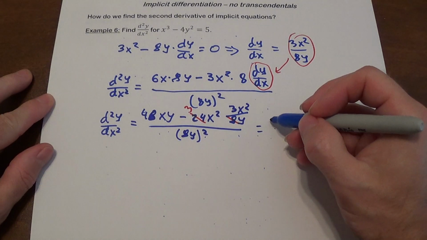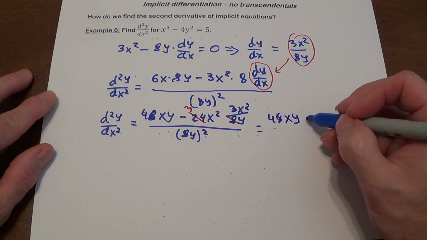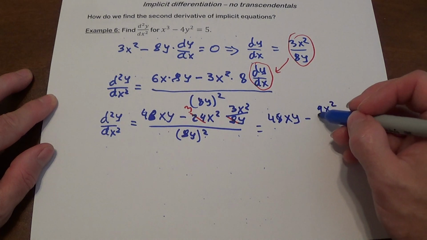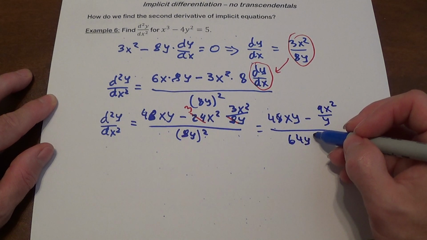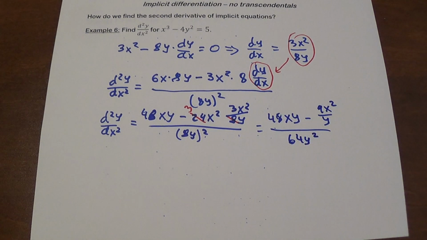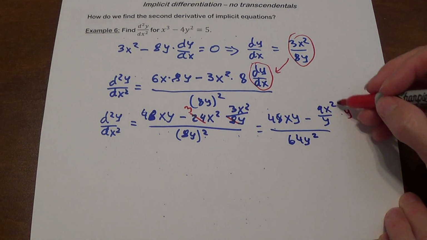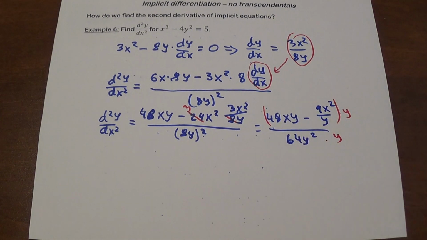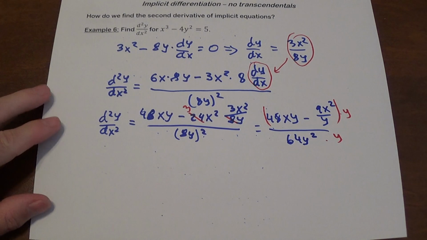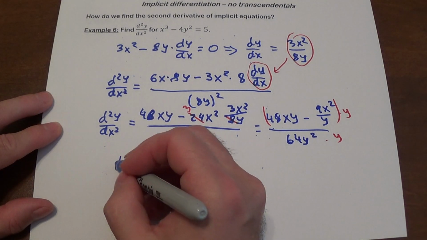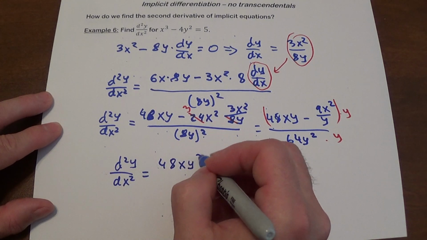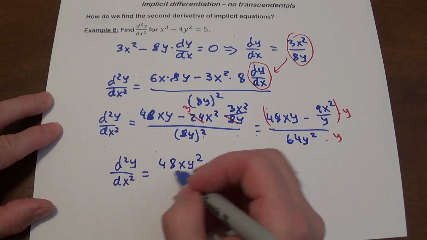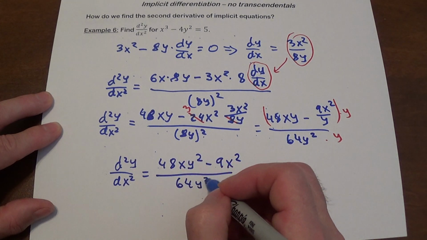So what we're getting now is going to be 48xy minus 9x squared divided by y over 64y squared, correct? So what we need to do now is to eliminate this complex fraction. If you multiply the numerator by y and the denominator by y, you're going to be able to accomplish that. This is going to give you that d squared y over dx squared is going to be 48xy squared minus 9x squared all over 64y cubed.